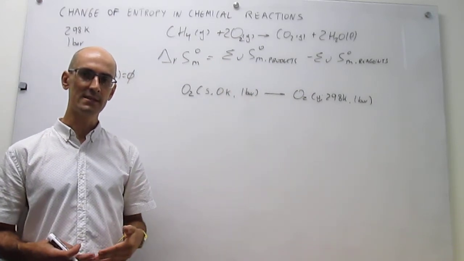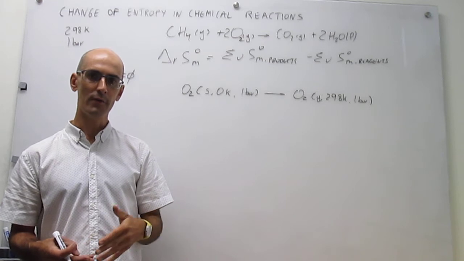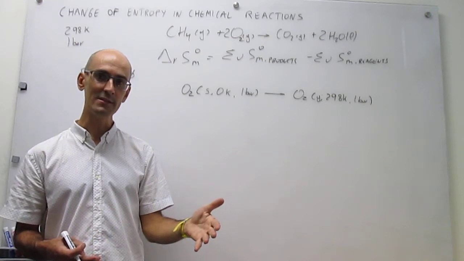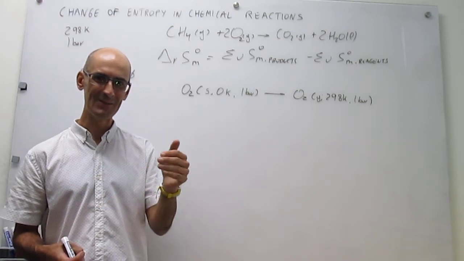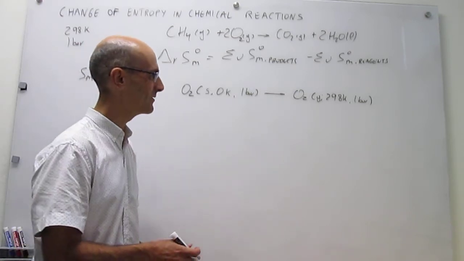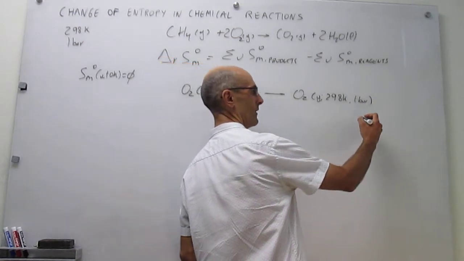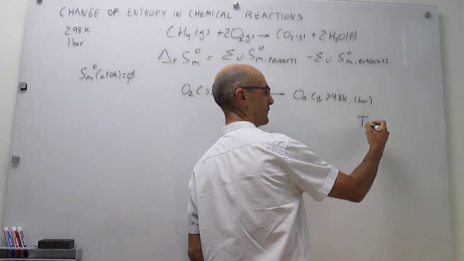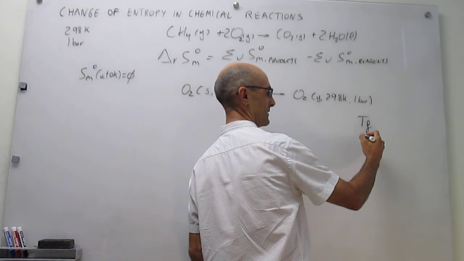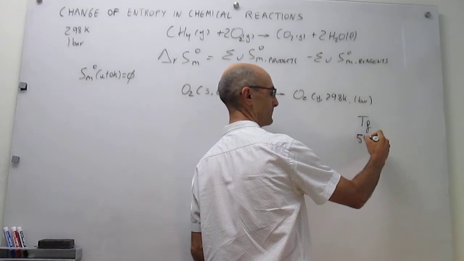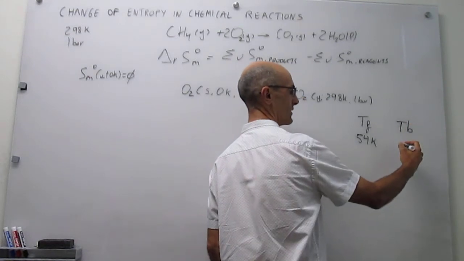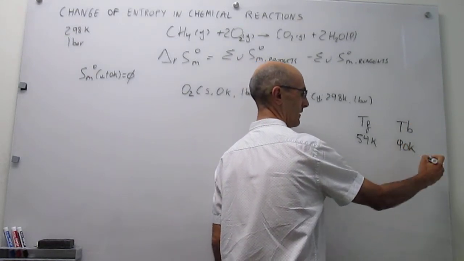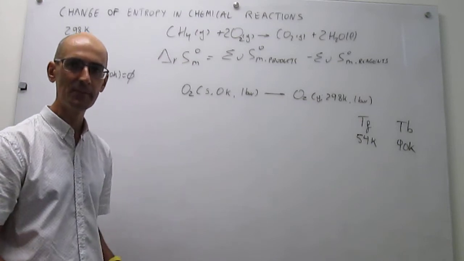So this is just a combination of heating, where the temperature changes, and phase transitions, where you go from the solid to the liquid to the gas. At 1 bar, the freezing point is 54 Kelvin for oxygen, and the boiling point for oxygen at 1 bar of pressure happens to be 90 Kelvin. So the pathway is very clear.